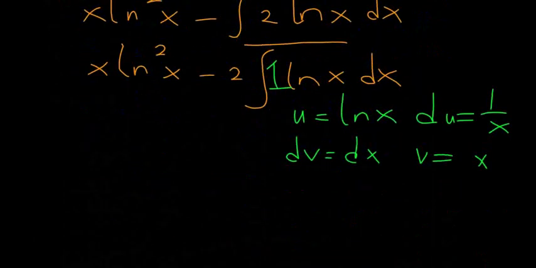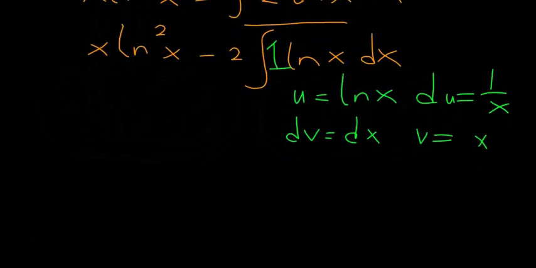We have u, which is ln x, multiplied by v, which is x, and then minus the integral of v du.